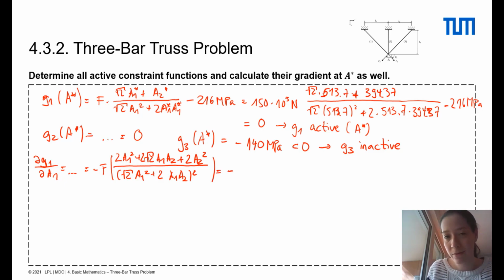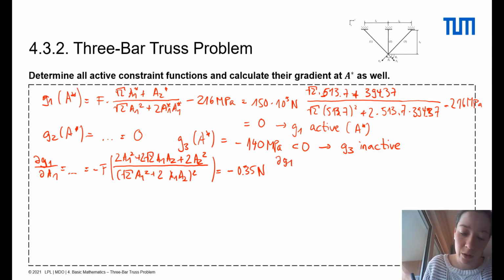If you have fun at that kind of stuff, you can also make this term simpler. But for our use case here, it's sufficient to just have something and we can plug in the values.